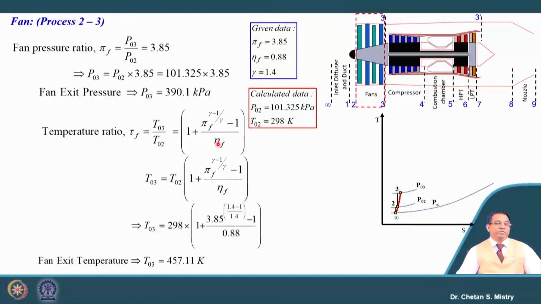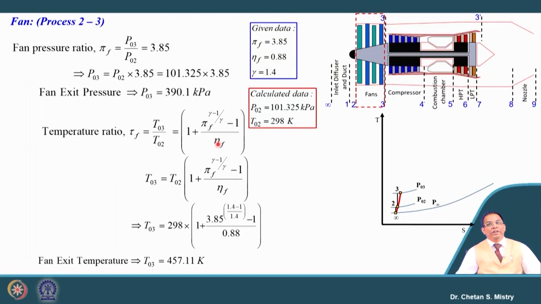Maybe my first stage will be having some polytropic efficiency, my second stage will be having some polytropic efficiency, the third stage may be having some polytropic efficiency, or maybe they all will be having the same polytropic efficiency. So, just revisit week 2 where we have discussed the polytropic efficiency, and based on those polytropic efficiencies, how do we calculate our fan efficiency or isentropic efficiency, both for fan as well as for compressor. So, be careful about these aspects.